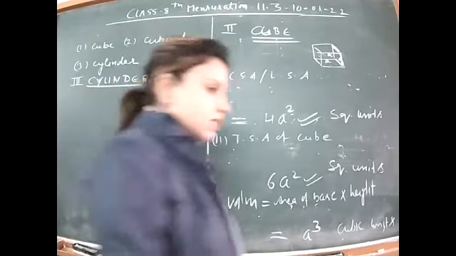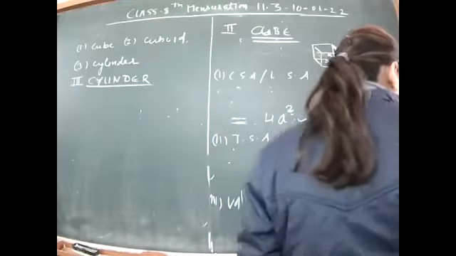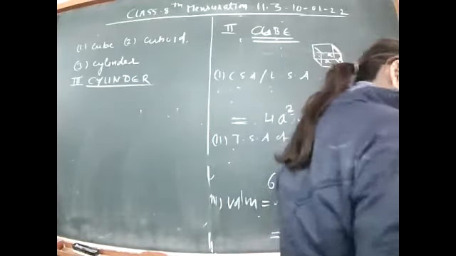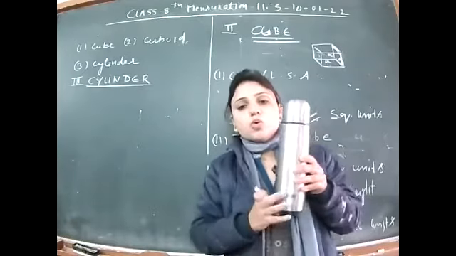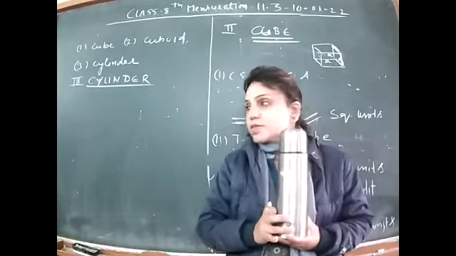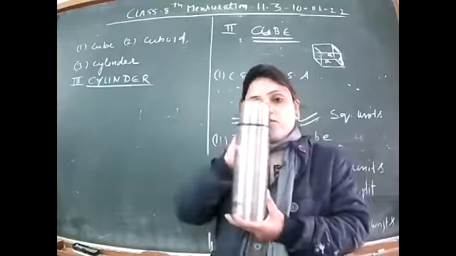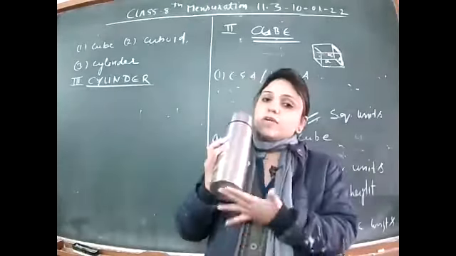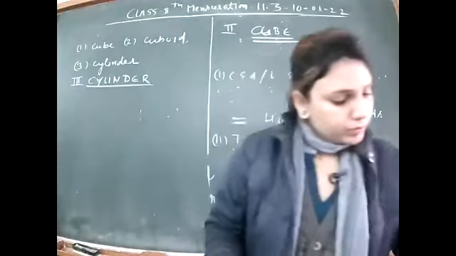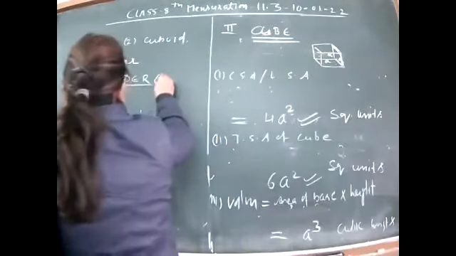A water bottle is an example of a cylinder in front of you, right? So how many faces does a cylinder have? We discussed it earlier. It has 3 faces. One is a curved face, another is a circular face on top, and a circular face at the bottom.